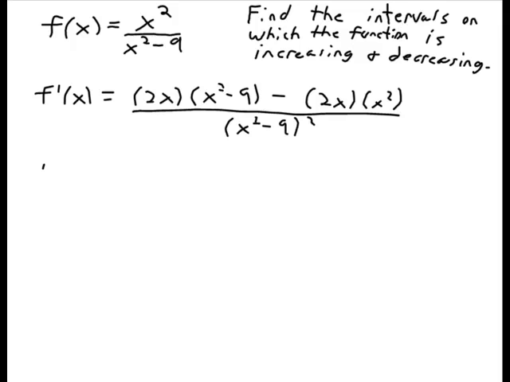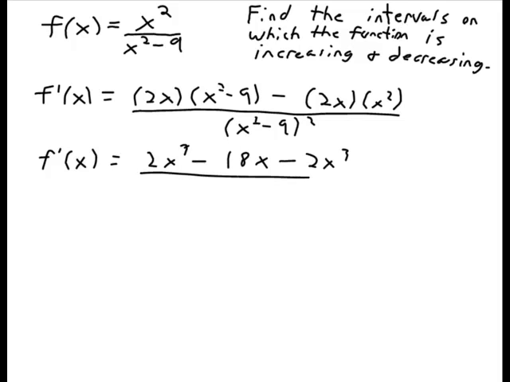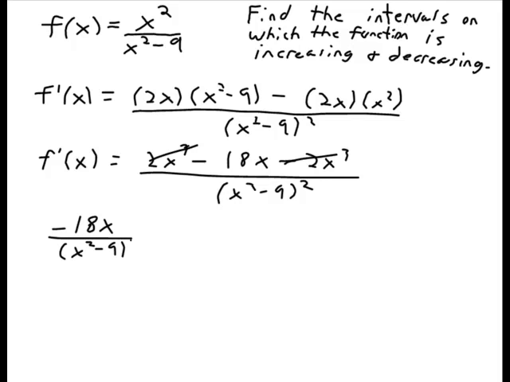And when we simplify that, we get 2x cubed minus 18x minus 2x cubed all over x squared minus 9 squared. And you'll see that the 2x cubes will cancel one another, and that simplifies to being negative 18x over x squared minus 9 squared.